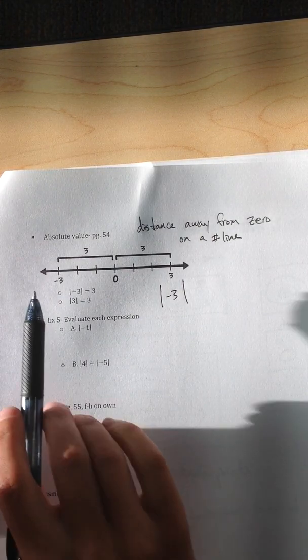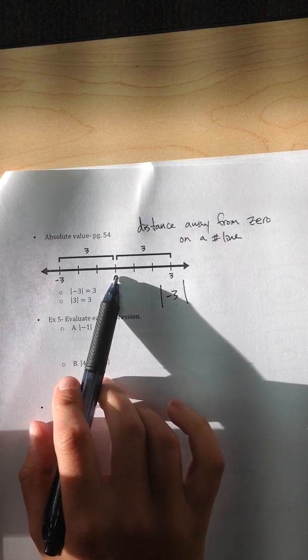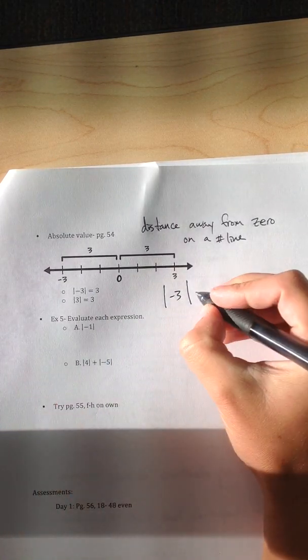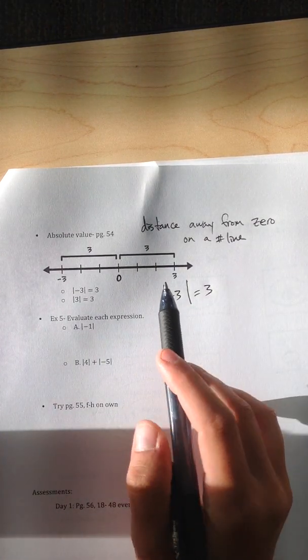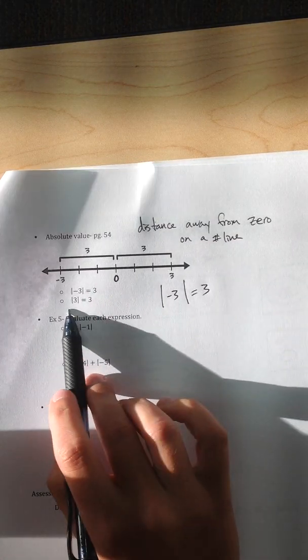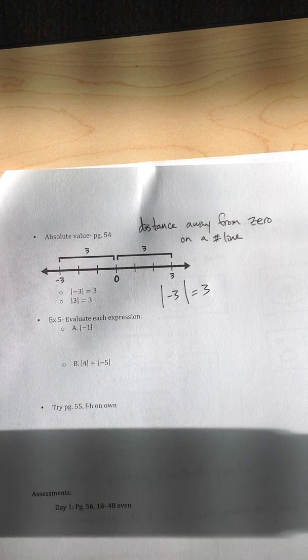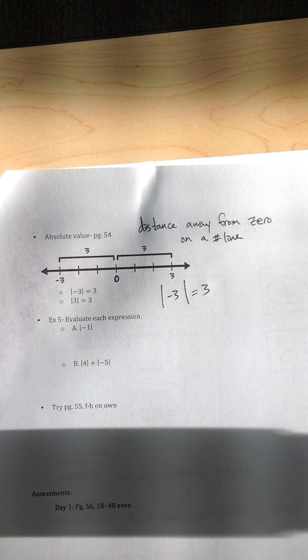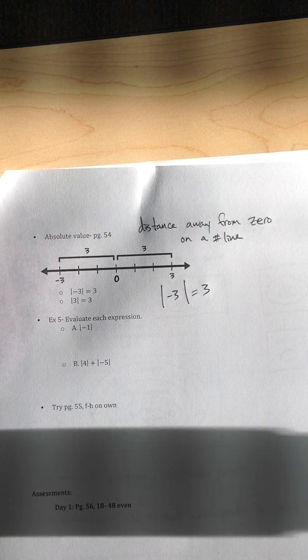So if I've got -3 on a number line, and I want to know how many spaces away from 0 that is, well, I know that's 3 spaces away, so my answer for that would be 3. Now, +3, this here, is also 3 spaces away. So if I did the absolute value of +3, I would also kick out a 3. Okay? And these are going to be represented as distances, so they should give you positive numbers.